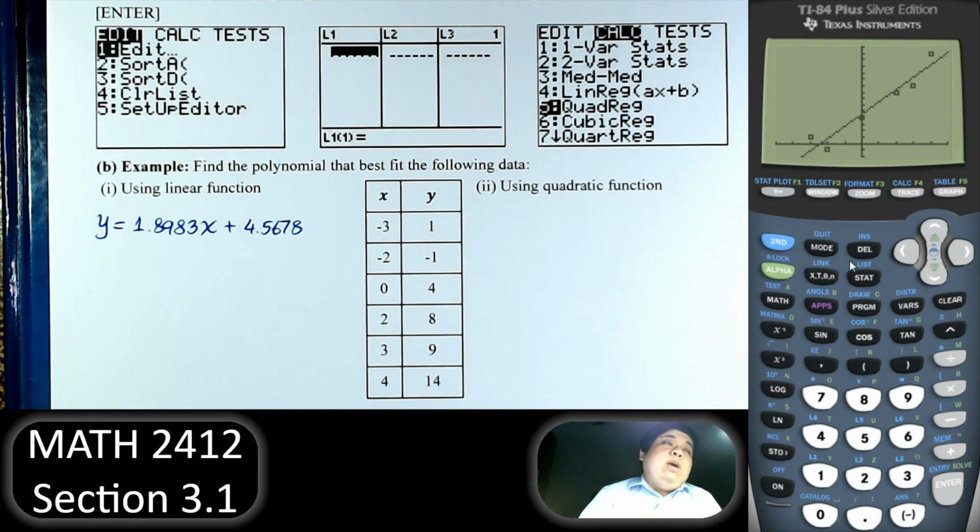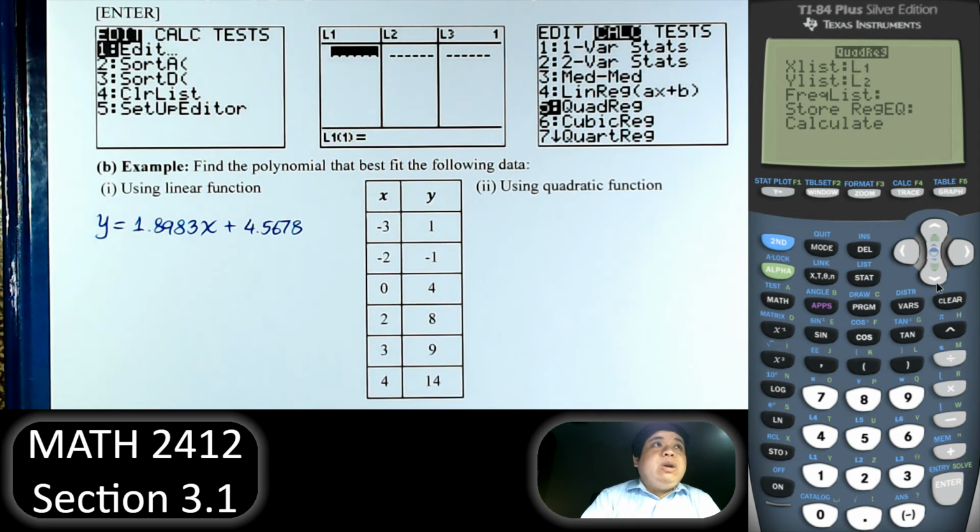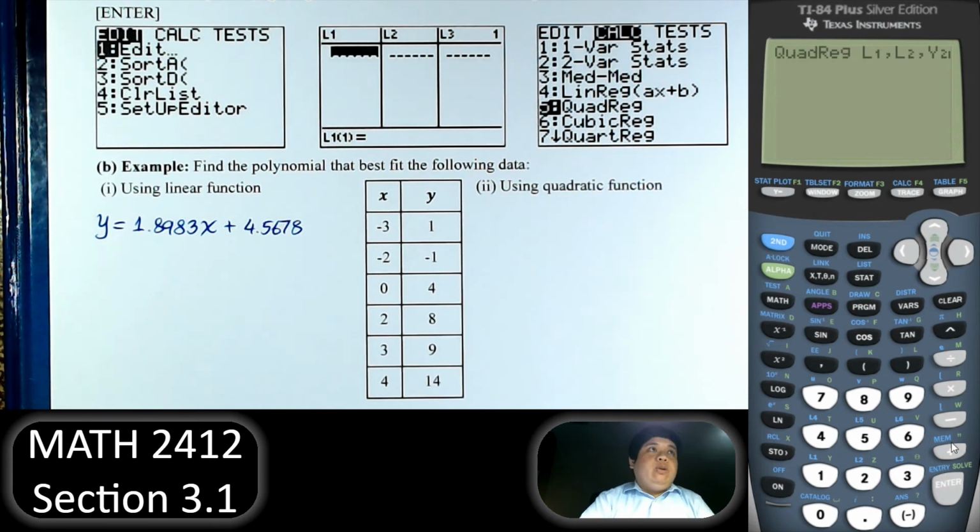Right? Now we can do the same thing. Stat, go to the second tab, and we go to quadratic regression. Still calculate the same thing, but this time let's say we store the variable into function Y2 and then calculate.